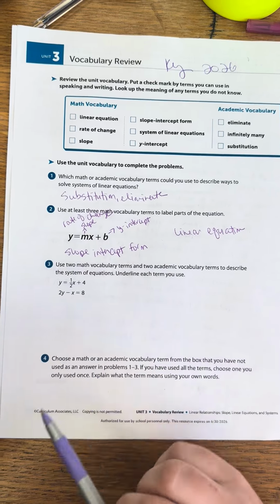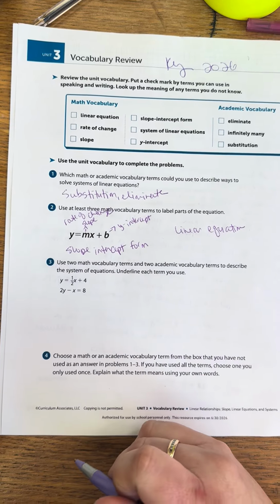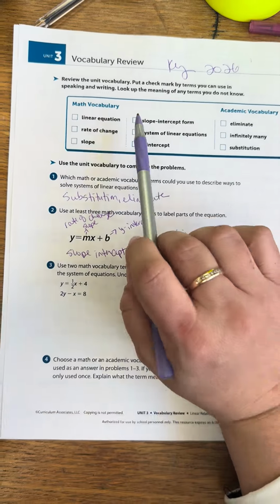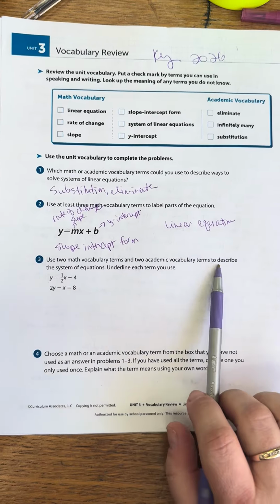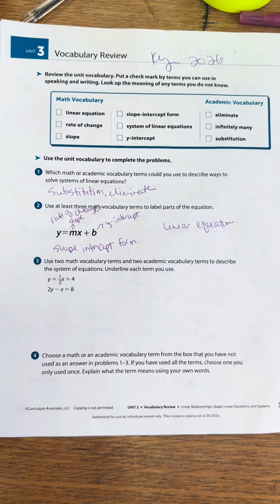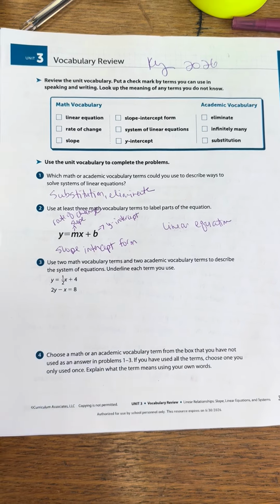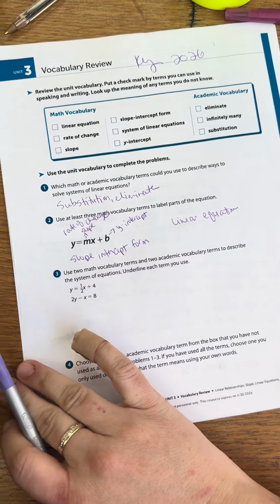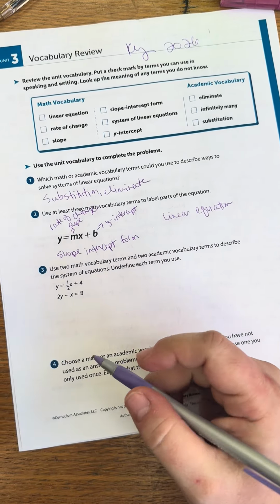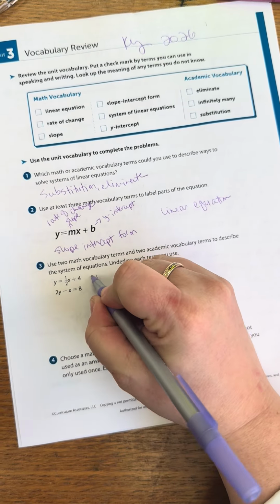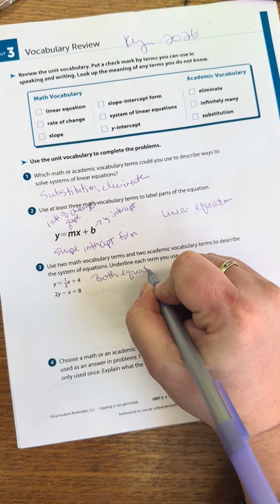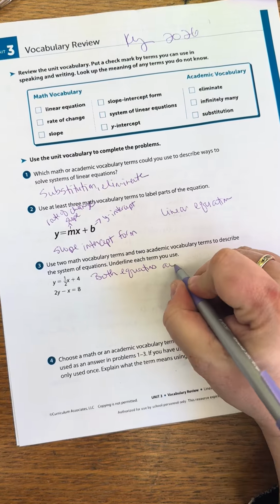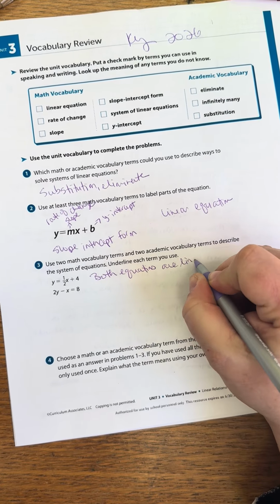Number 3, use 2 math vocabulary terms and 2 academic vocabulary terms. So you're doing 2 of these and 2 of these. Excuse me. To describe the system of equations. Underline each term that you use. All right, so an example would be both of the equations are linear equations.